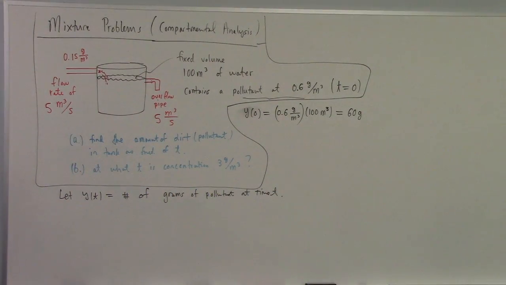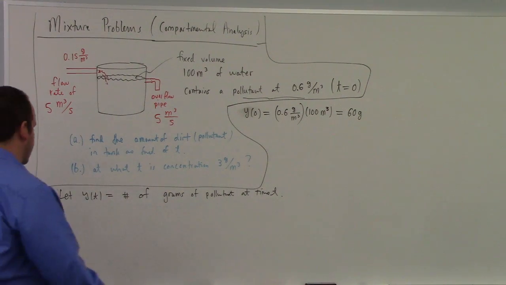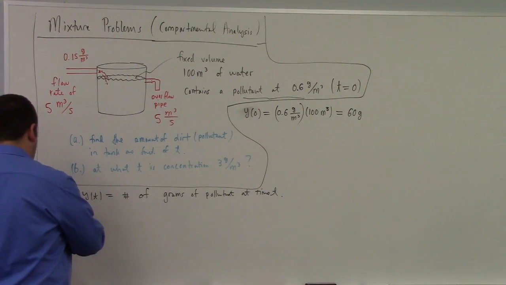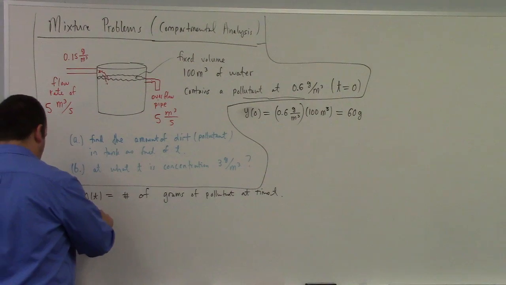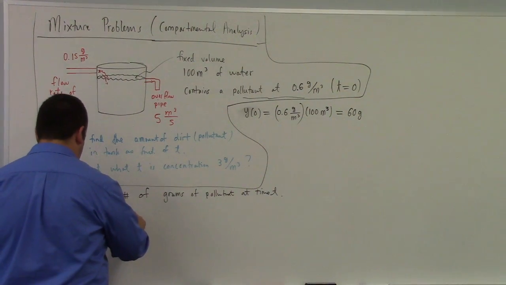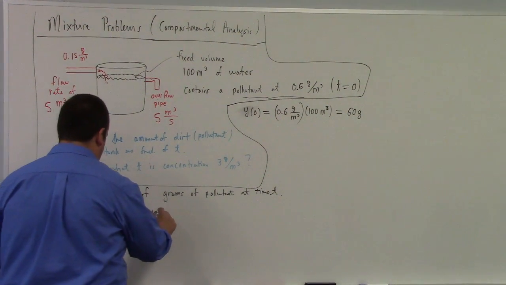This is the problem statement, and everything after this is the solution, so the rest is up to us. And I think we're going to let t be in seconds. Why would I do that?